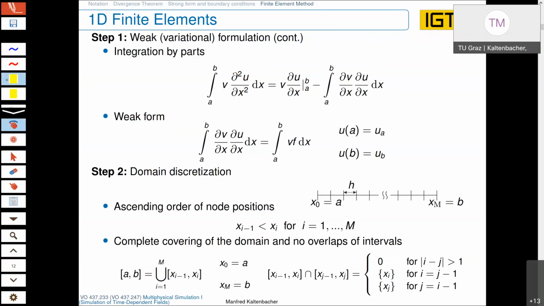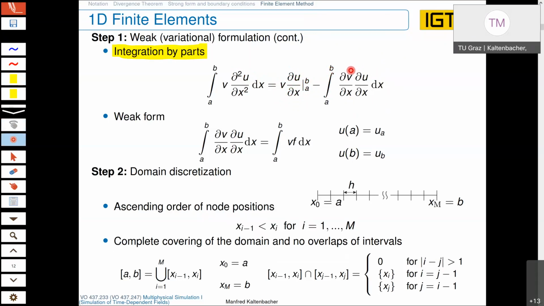However, if we use integration by parts, and we will see in the general three-dimensional case that we will use the Divergence Theorem there, we have our boundary term, which is just v and the first order derivative of u evaluated at the boundary of our computational domain at a and at b, minus the remaining integral.